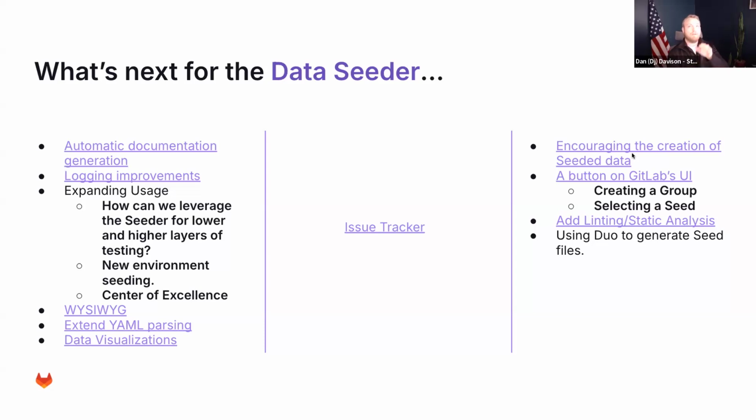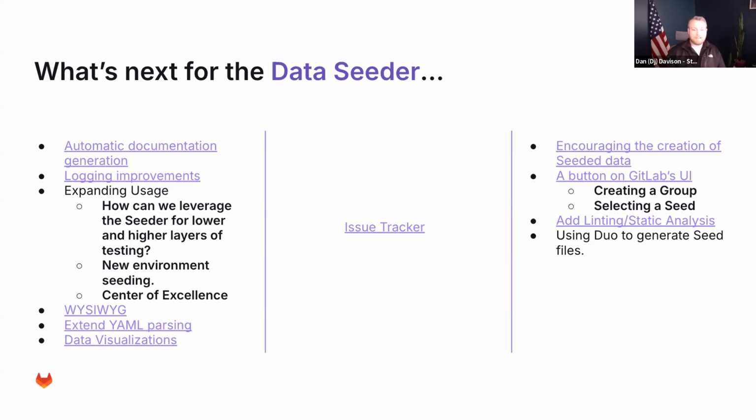So picture a button on the UI that says, would you like to pre-populate this with data? With one click, you set the seed. I guess it would be 2 clicks. You'd set the seed that you want to seed with, and then you click seed. And that way, a customer or anyone else could create a new group with all this data already in it. So that's something to keep in mind.